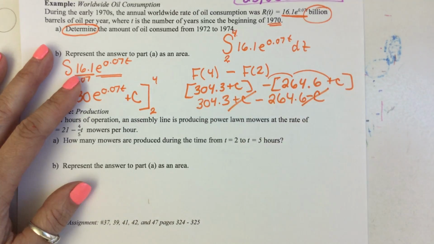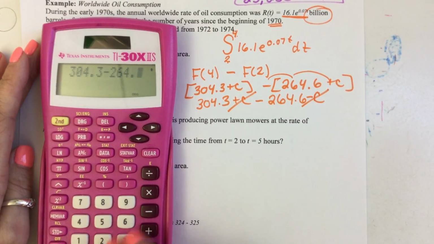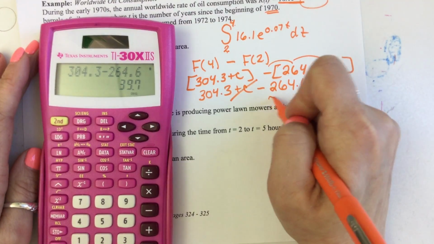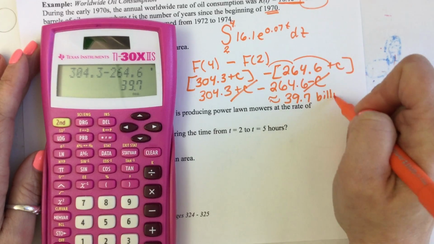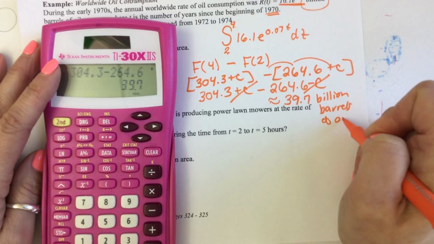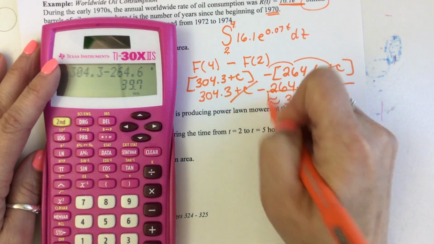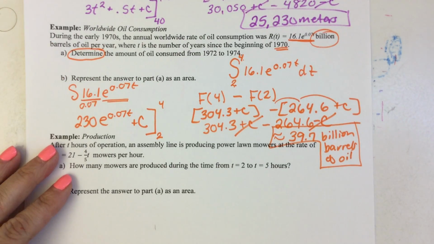Positive c, negative c. 304.3 minus 264.6, it is approximately 39.7, and it's billion barrels of oil. That's how much oil was used between the years 1972 and 1974.